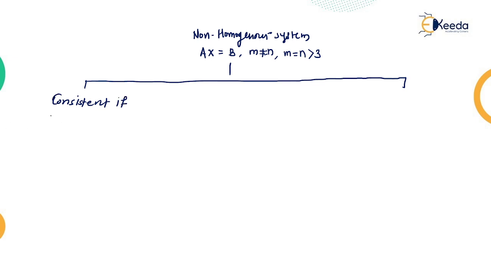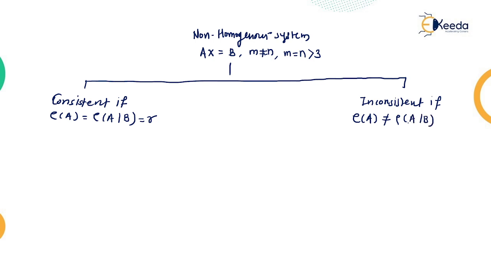If the system is consistent, the rank of the augmented matrix is equal to the rank of matrix A, and that is equal to, we say, rank R. And if the system is inconsistent, the rank of matrix A is not equal to the rank of the augmented matrix AB, so this can be written as A|B.